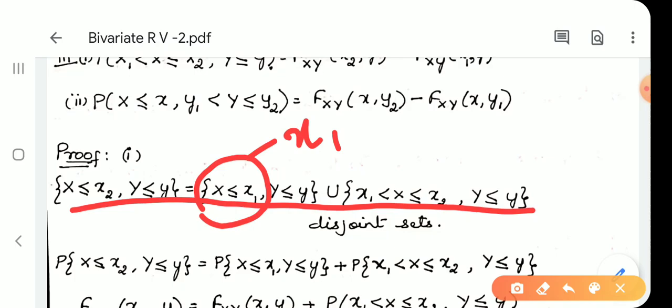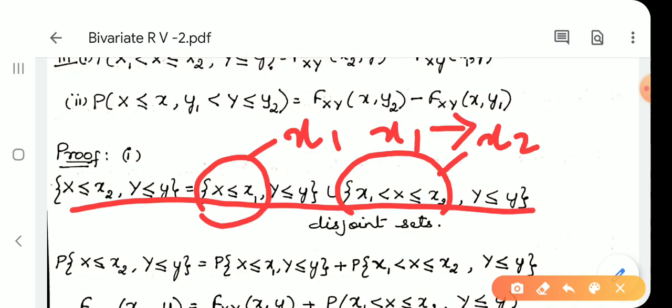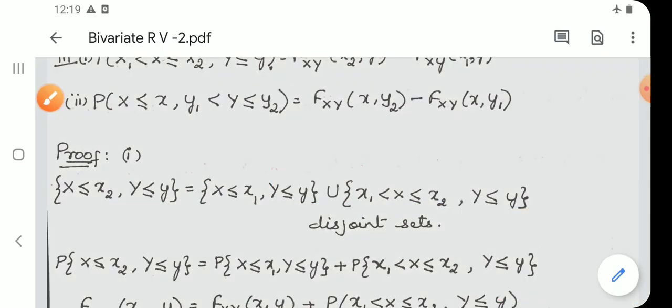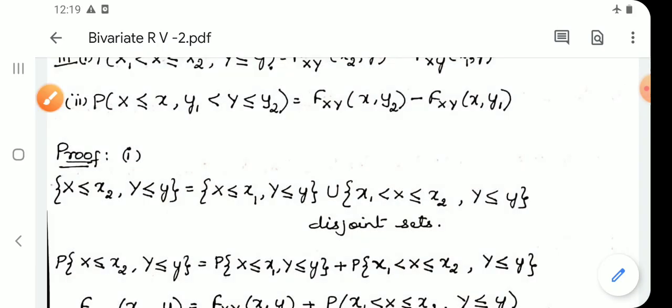Whereas if we see the other set, it contains all the elements which are less than or equal to x2 and it contains x2, and this set does not contain x1. It contains all the elements after x1 to x2. So clearly these two sets are disjoint.